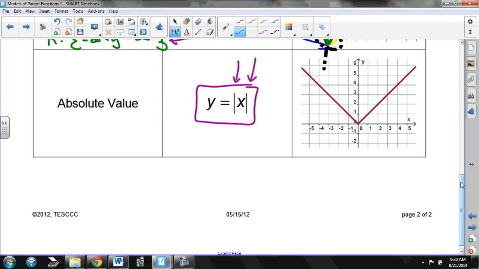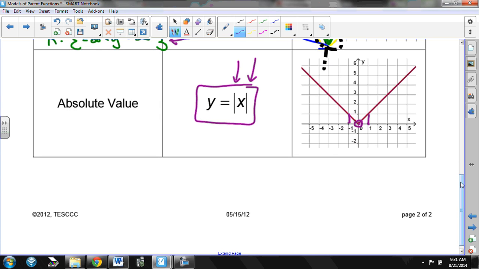How far is x equals negative 1 from 0? It's one spot away. How far is positive 1 from 0? It's one spot away. We're not worried about the direction, left or right, positive or negative. We're just worried about the distance from the origin, the distance from 0.